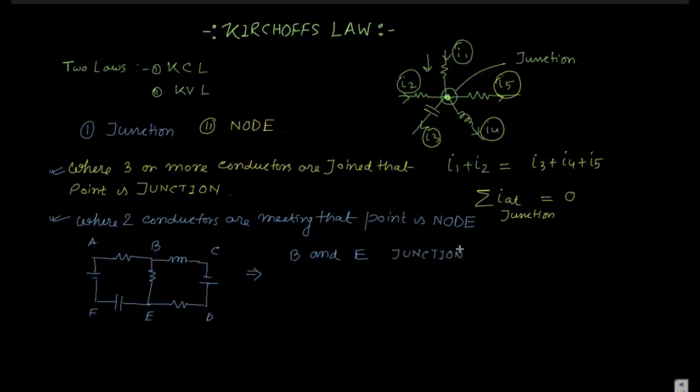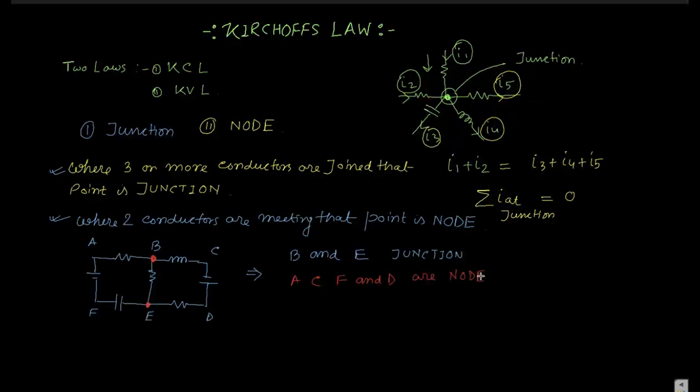Why? Because here you see that in B, this AB, this BC and EB, three components are joined together. That's why it is called a junction. But A, C, F and D are nodes.